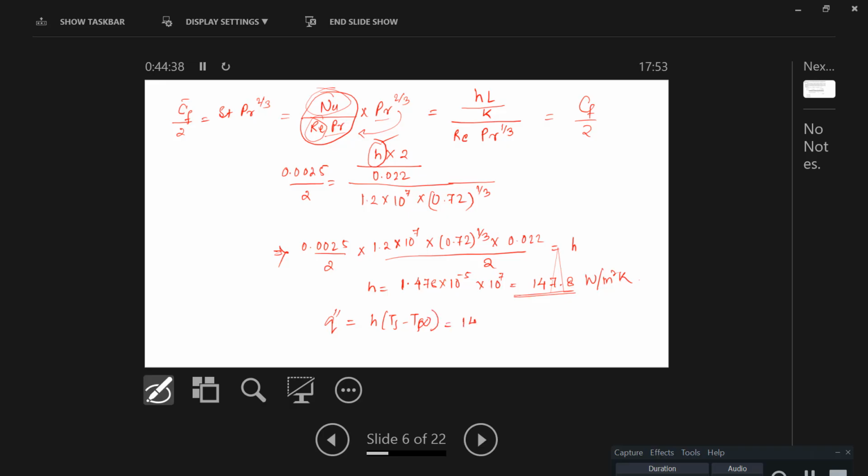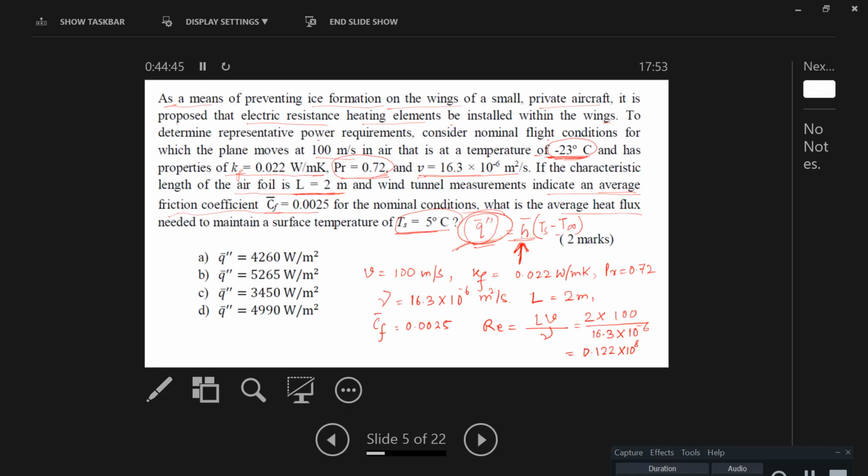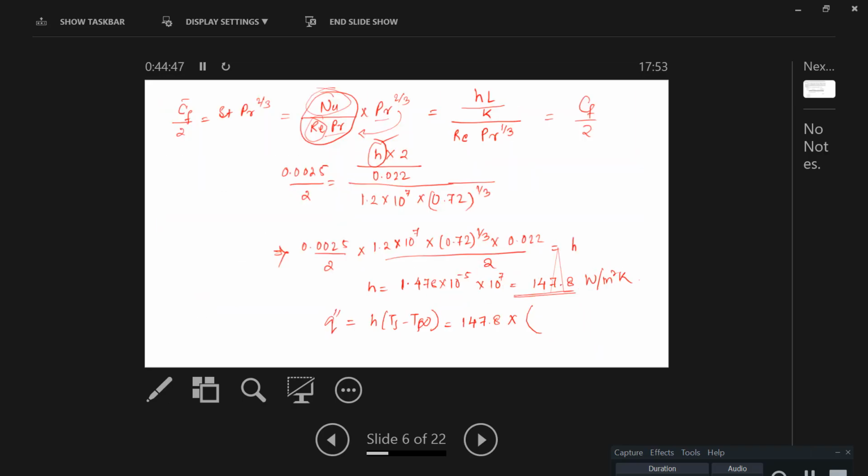So H is 147.8 into Ts, which is given as 5 degrees Celsius, minus of minus 23. So that sign is very important. So this will become 28, 147.8 into 28. So how much did you get this?